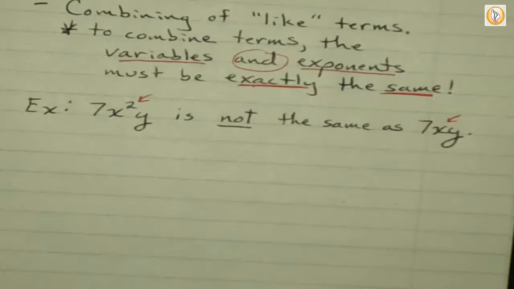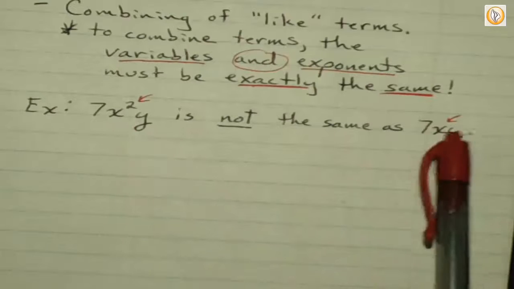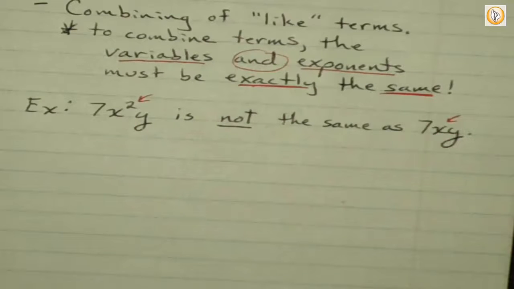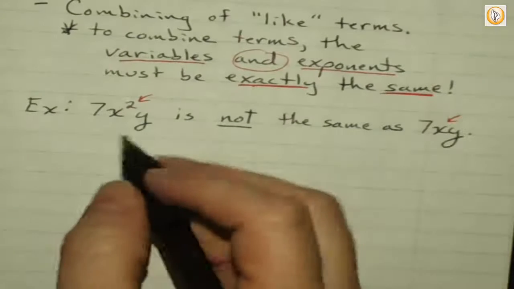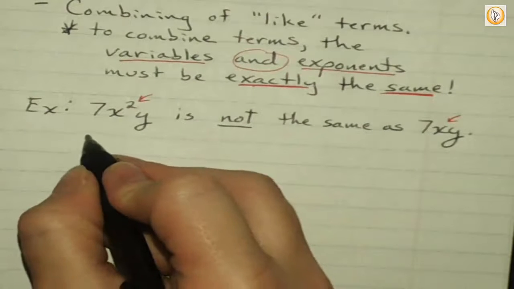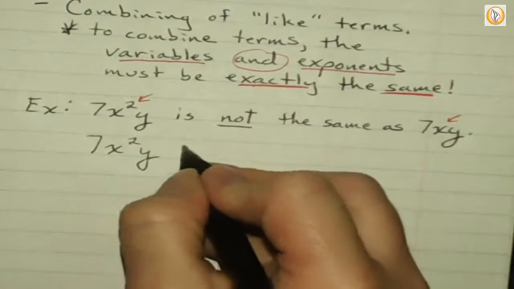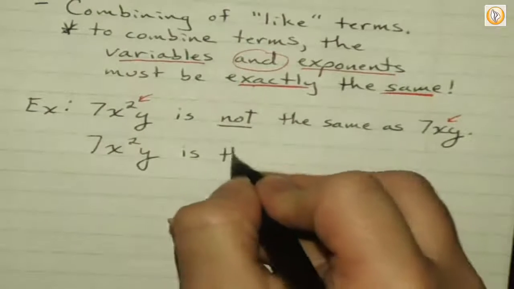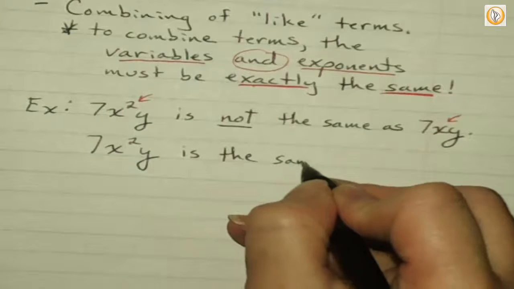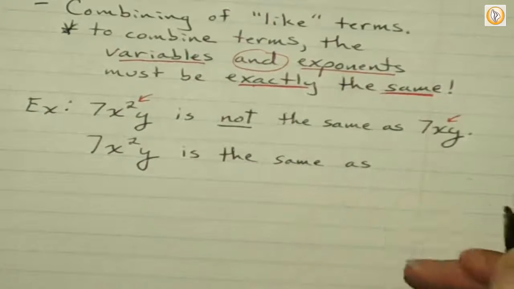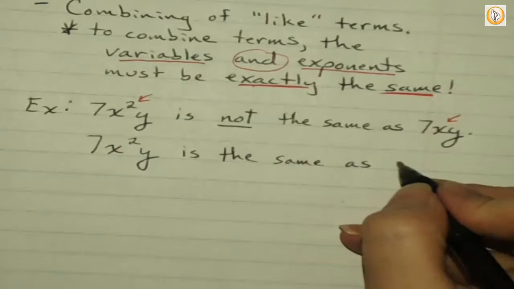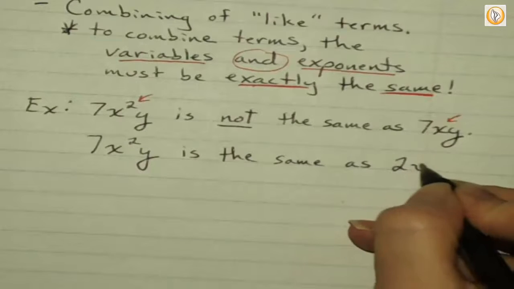The arrows point to the x. Well, exponent, no exponent. 7x squared y is the same as 2x squared y.